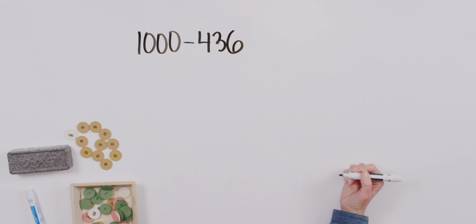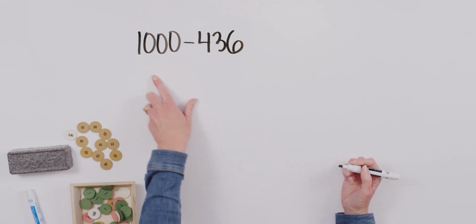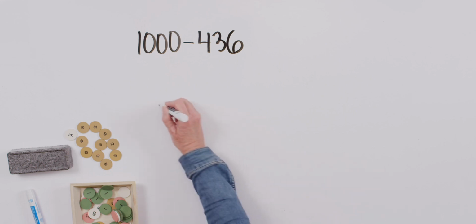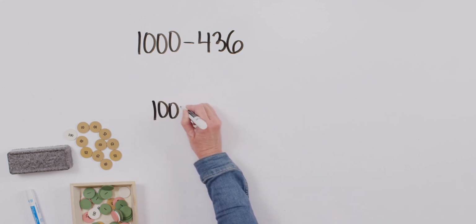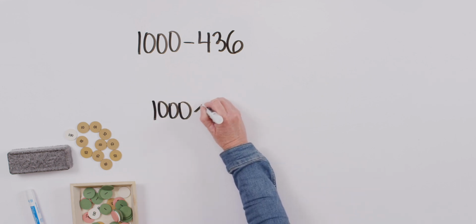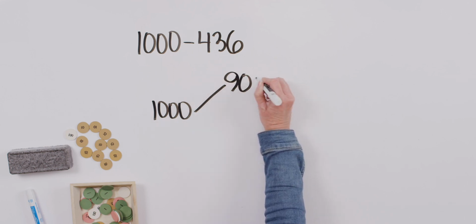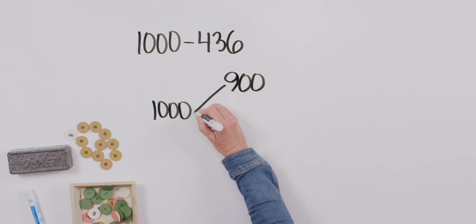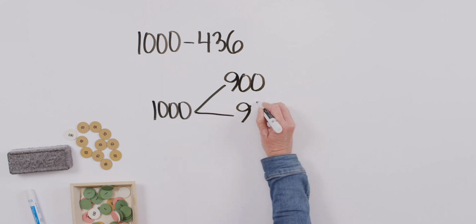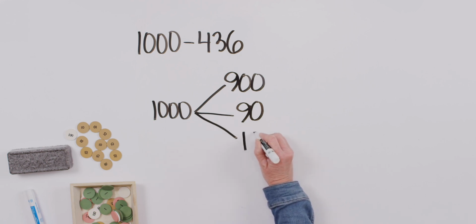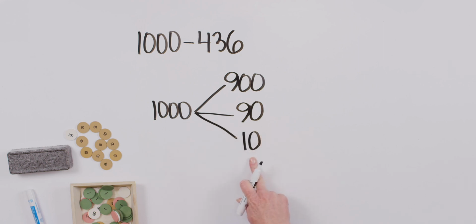Let's talk about how we may want to distribute this number a little bit. Let's write it over here. If I had my 1,000, I could break it up into my hundreds, my tens, so I have 900 plus 90, and then I'd subtract my ones from my last 10 right here.